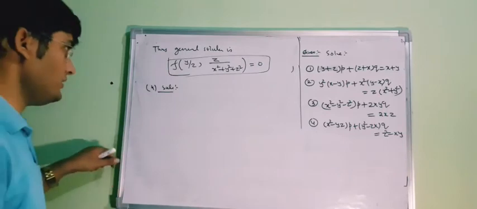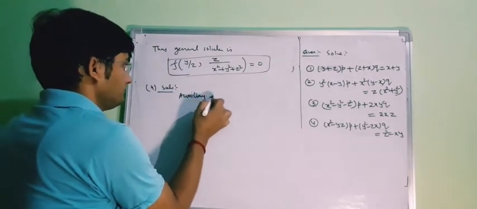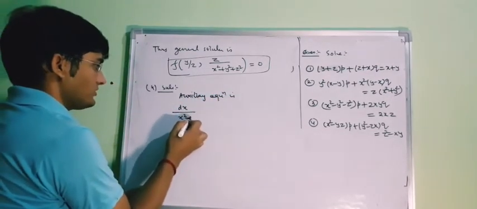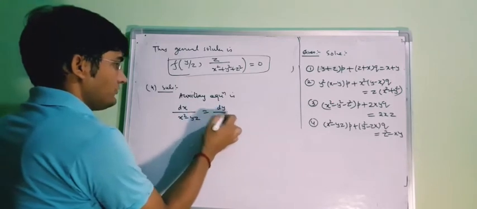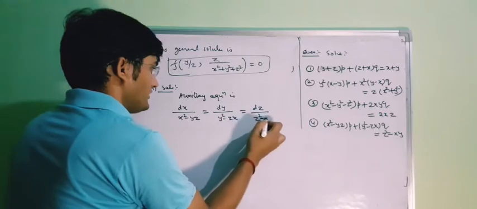In the fourth part, our auxiliary equation is dx upon x square minus yz, dy upon y square minus zx, and then dz upon z square minus xy.